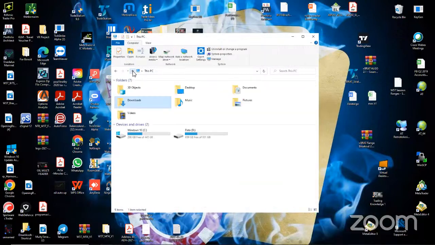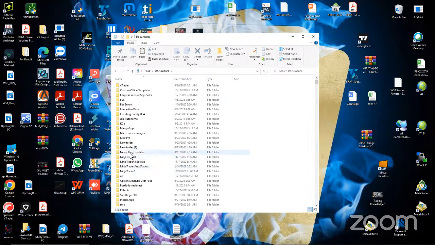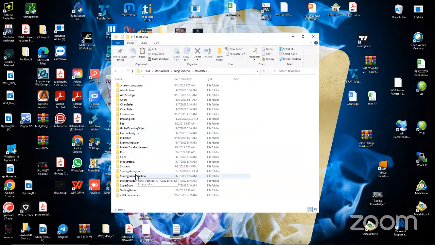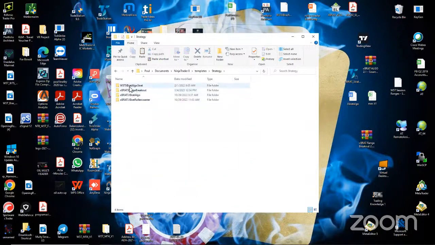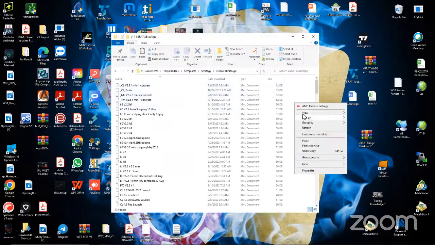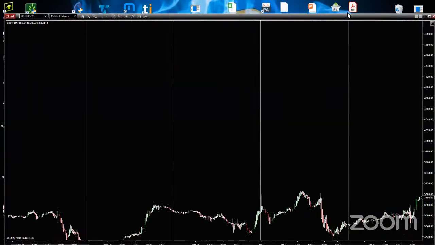I'm going to go up to Paul, to documents, to NinjaTrader 8. I'm going to go to templates. I'm going to go to strategy, and this is xBrat algo. And I'm going to right click and paste that into there. Okay, that's done.